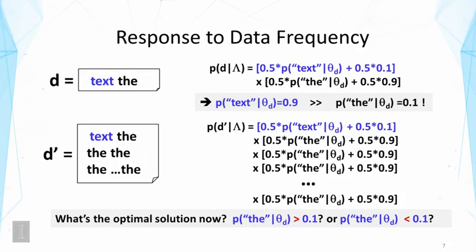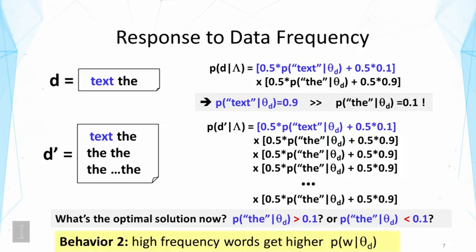If you look at the formula for a moment, you will see that now the objective function is more influenced by "the" than by "text". Before, each contributed one term. So now, as you can imagine, it would make sense to assign a smaller probability to "text" and make room for a larger probability for "the". Why? Because "the" is repeated many times.